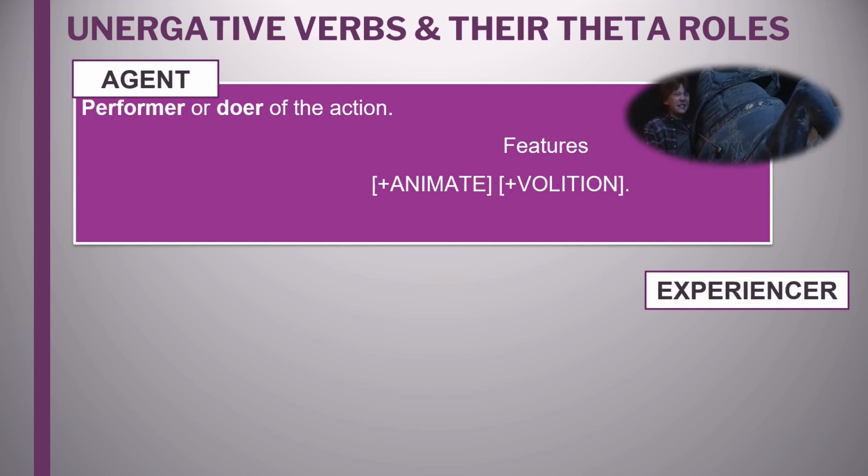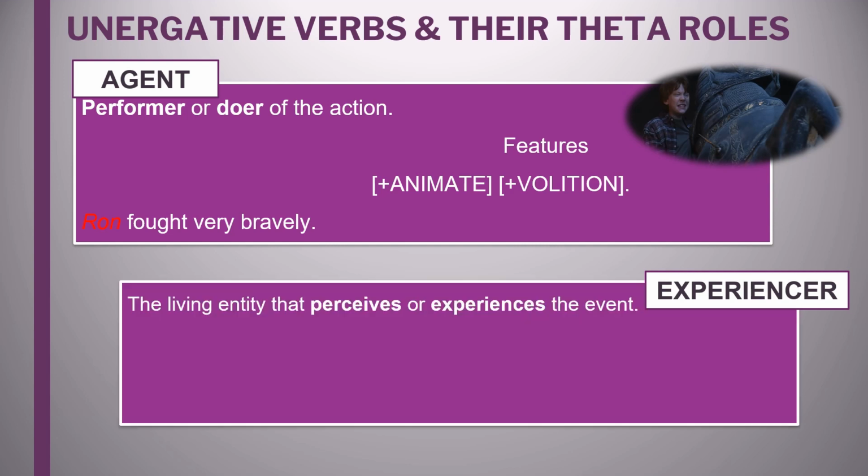For example, Ron fought very bravely. In this example, the DP Ron receives the theta role of agent, as it is an animate and volitional entity that performs the event of fighting. An experiencer, on the other hand, is the entity that perceives or experiences the event, and it has the feature plus animate.